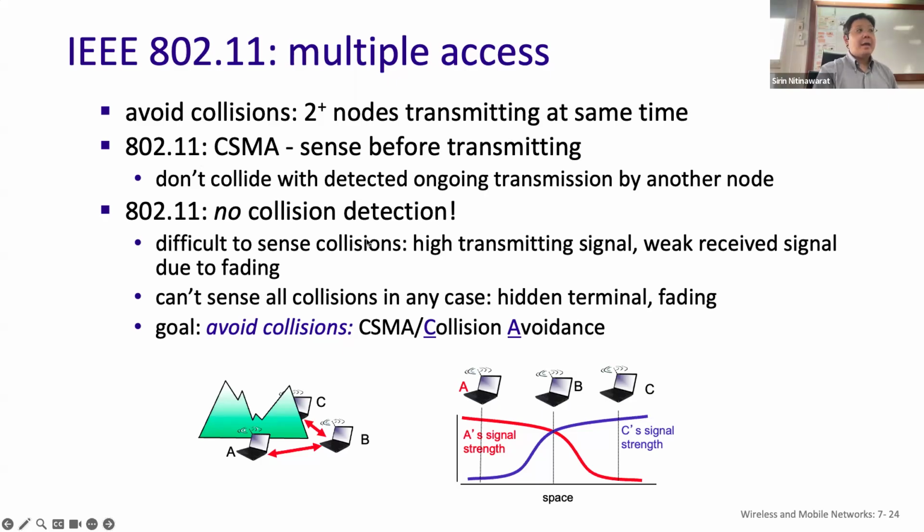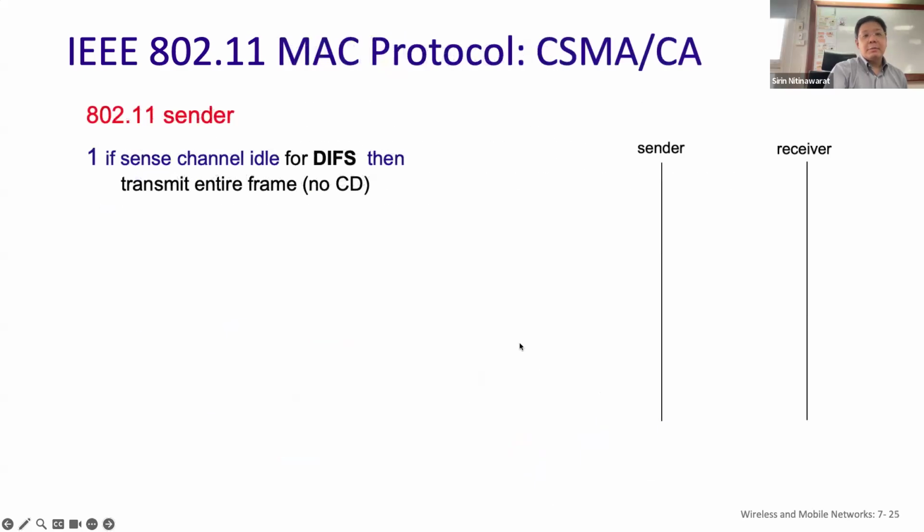But for Wi-Fi, because collisions are hard to detect, Wi-Fi instead adopts collision avoidance. I will explain in detail what this means.